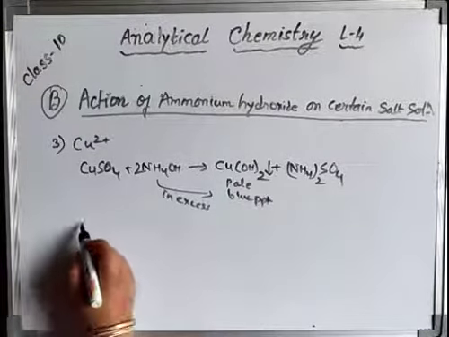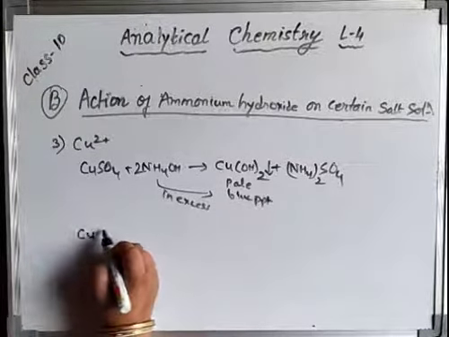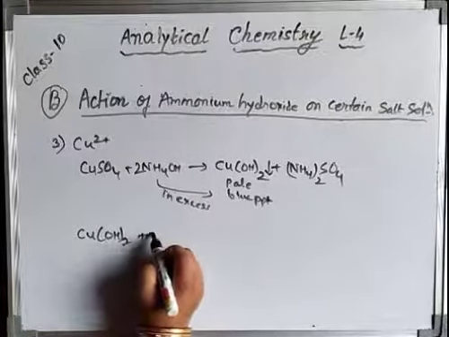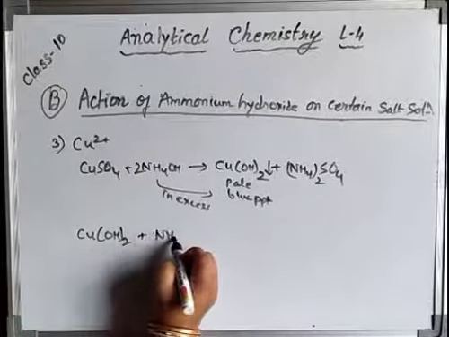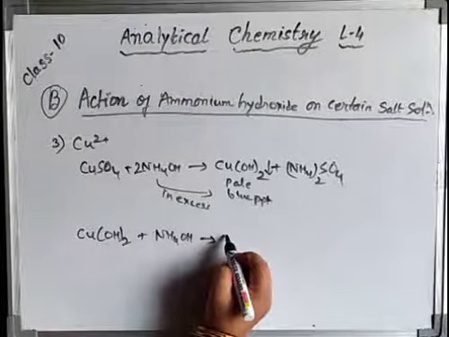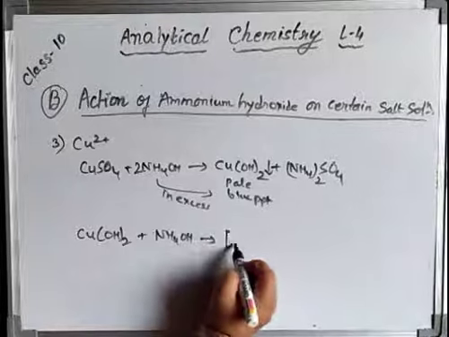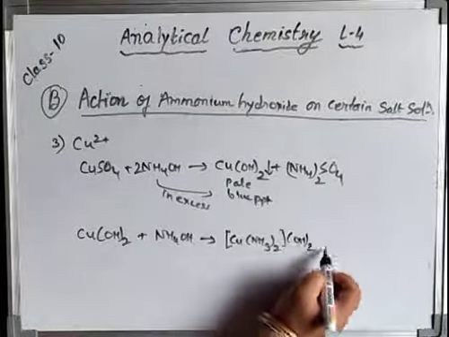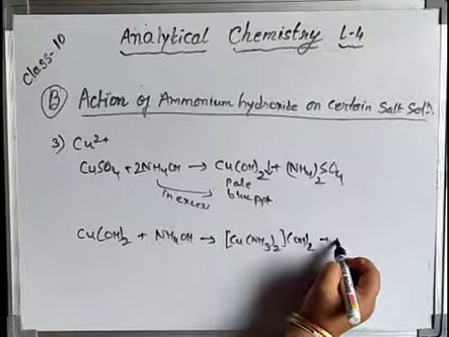When copper hydroxide again reacts with excess of NH4OH, it gives what? A complex salt is formed. That is Cu(NH3)4 (OH)2 plus H2O, you balance it.